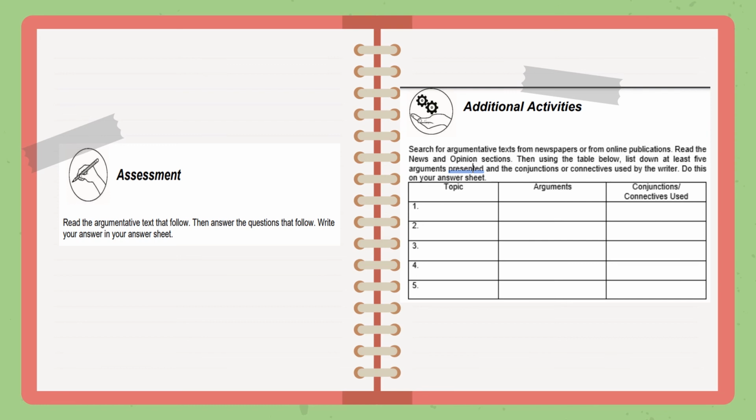For the additional activities, you're going to search for argumentative text from newspapers or from online publications. Read the news and opinion sections. Then using the table, you're going to list at least 5 arguments presented and the conjunctions or connectives used by the writer. Do this on your answer sheet.